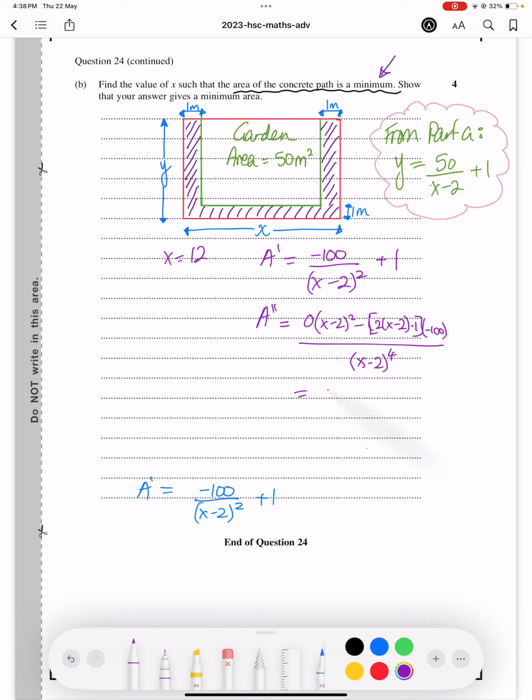So that's going to be 0 plus 100 times 2x minus 4 all over x minus 2 all to the 4.